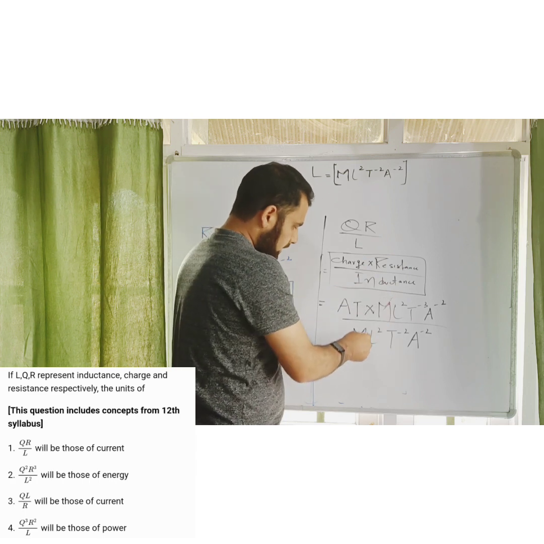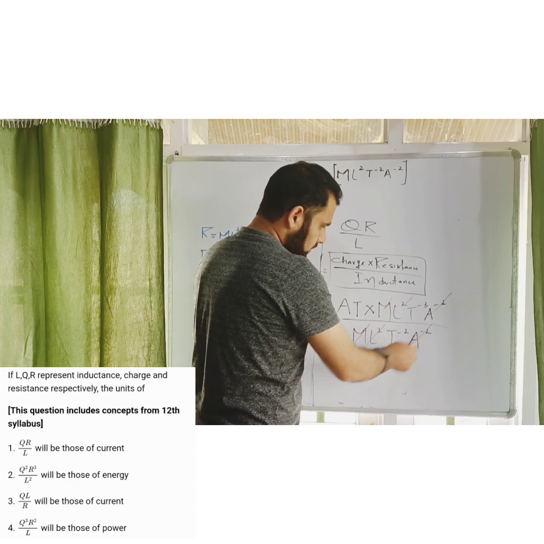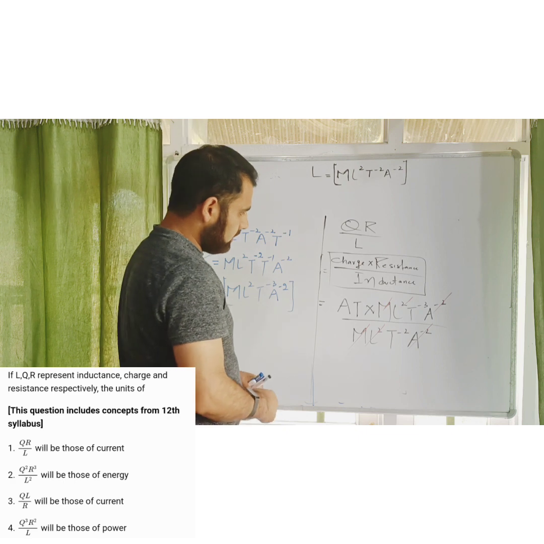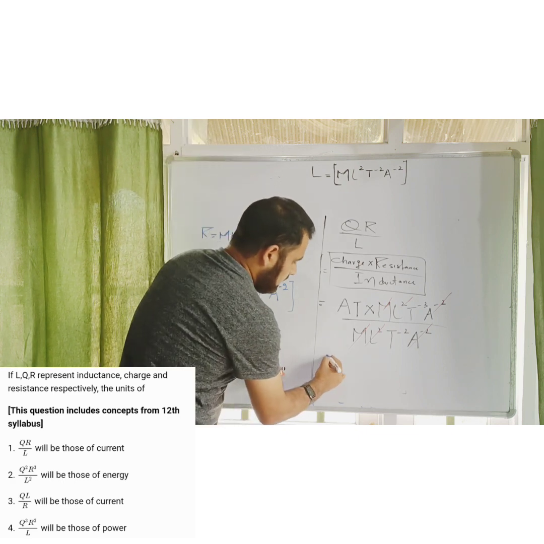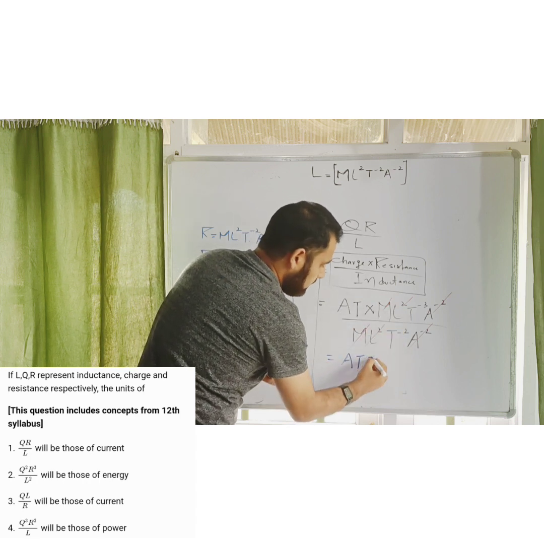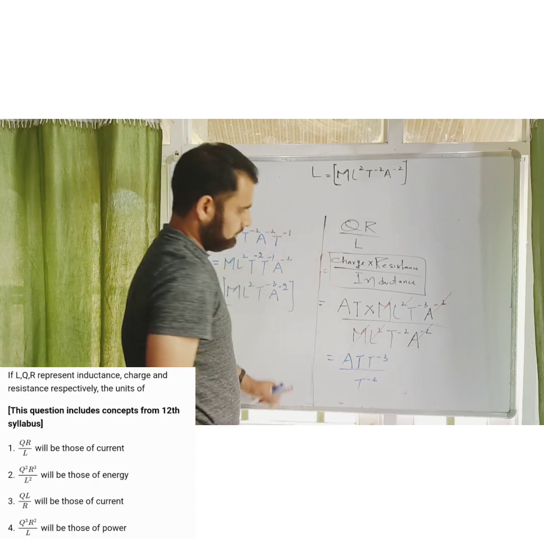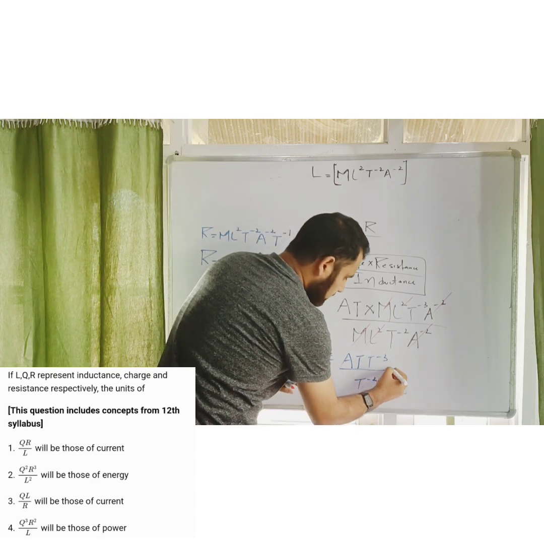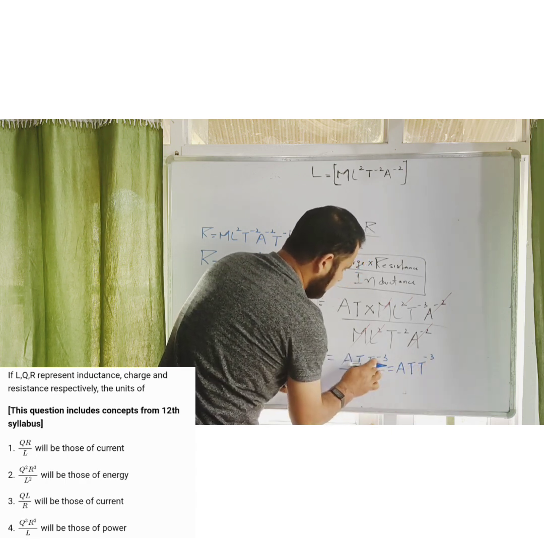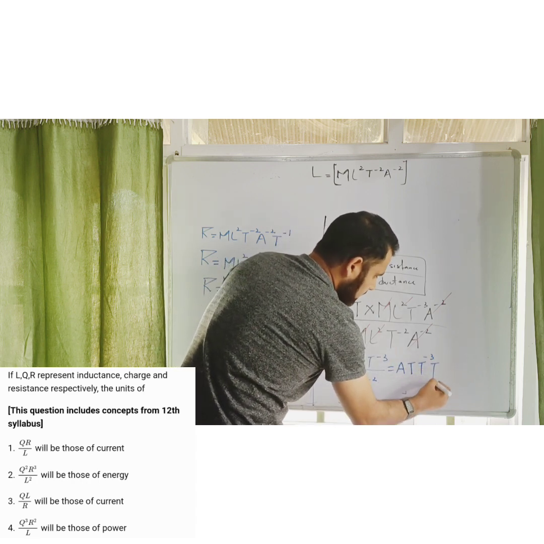M and M cancel out, L² cancels out, A⁻² cancels out. So we are left with the terms A, T and T⁻³, and in the denominator we have T⁻². Shifting this T⁻² to the numerator, it is A, T, T⁻³, T².